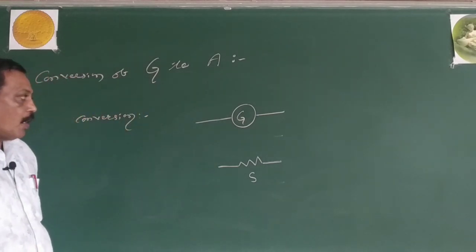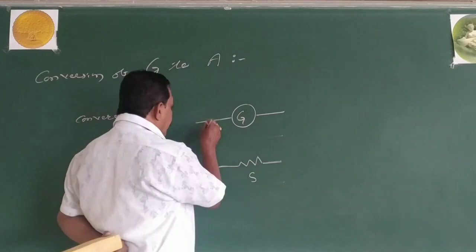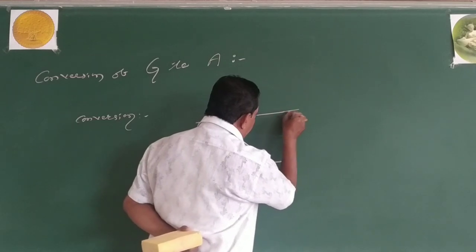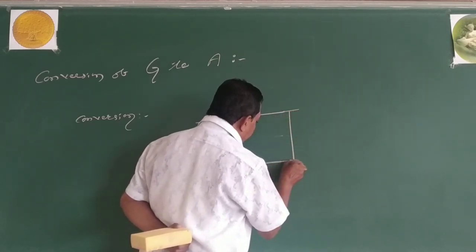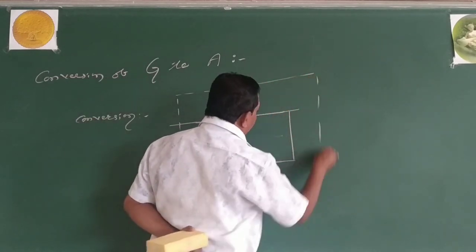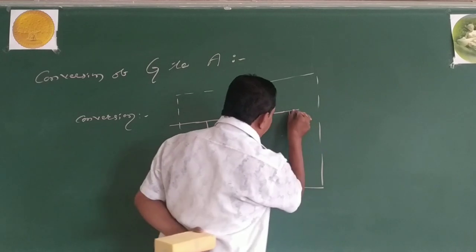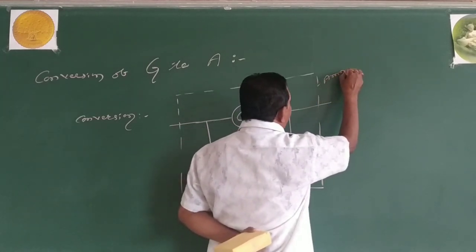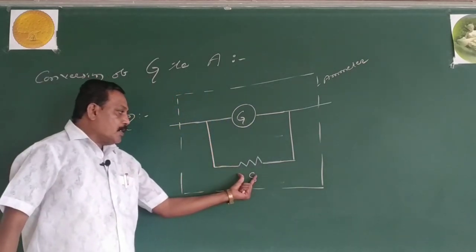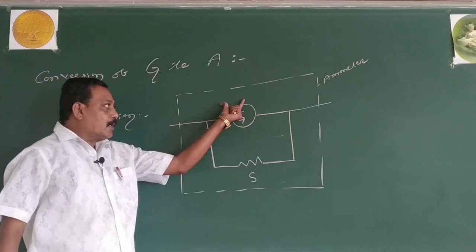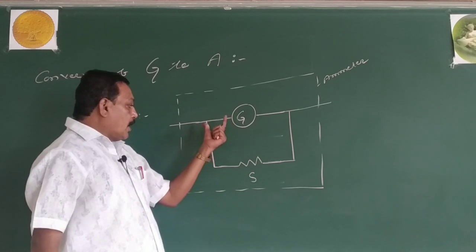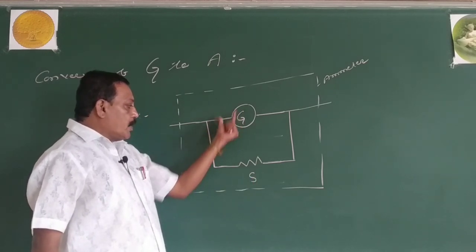By connecting a small resistance in parallel with the galvanometer, the combination acts as an ammeter. The small resistance is called shunt resistance, and connecting the small resistance in parallel with the galvanometer is called shunting.